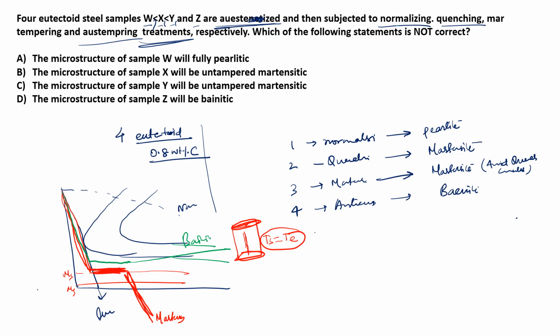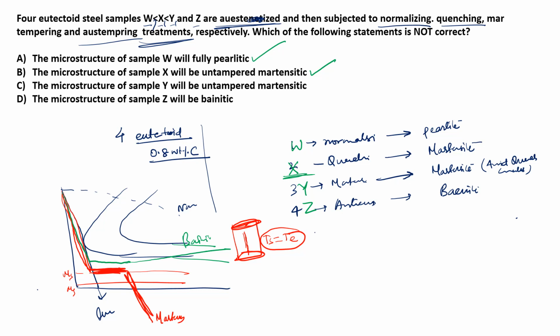It is W which is going under normalizing, then X, then Y, then Z, right? So it is correct. The microstructure of sample X under quenching will be martensitic. Yes. The microstructure of sample Y will be untempered martensite.